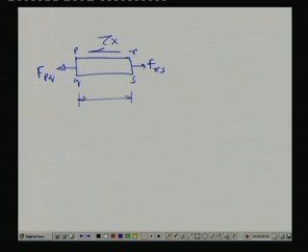We considered this length to be dx, and into dx, we consider B. What is B? B is the width of the cross section.